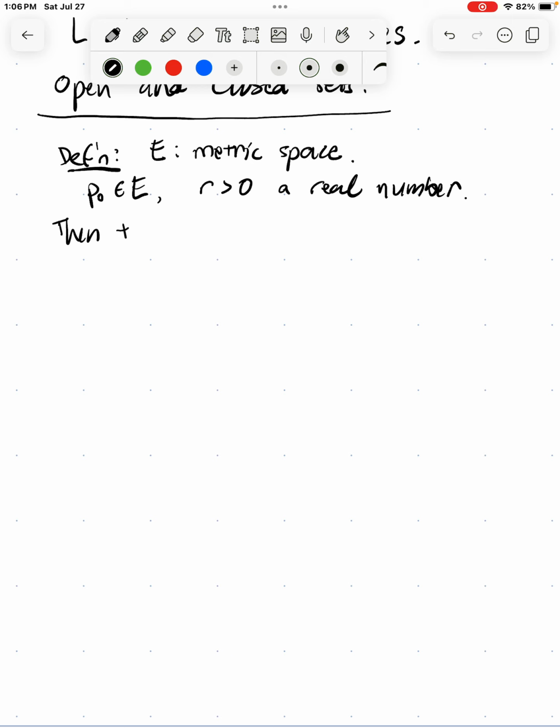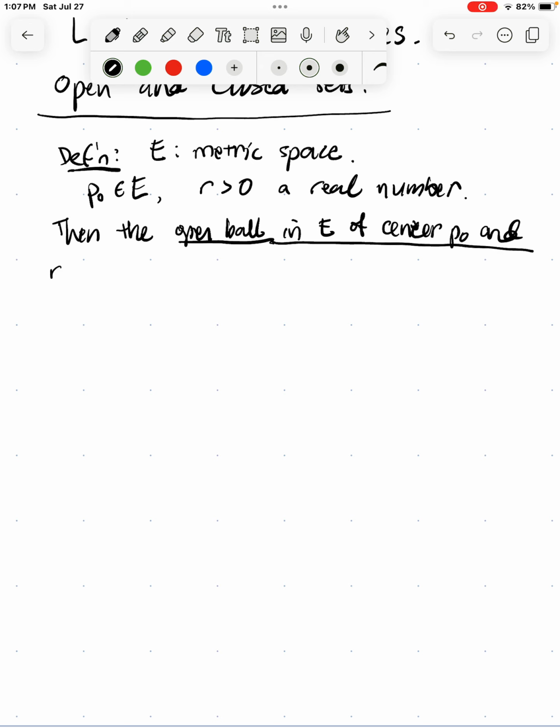Then the open ball in E of center P naught and radius R is, well, it's written like this.